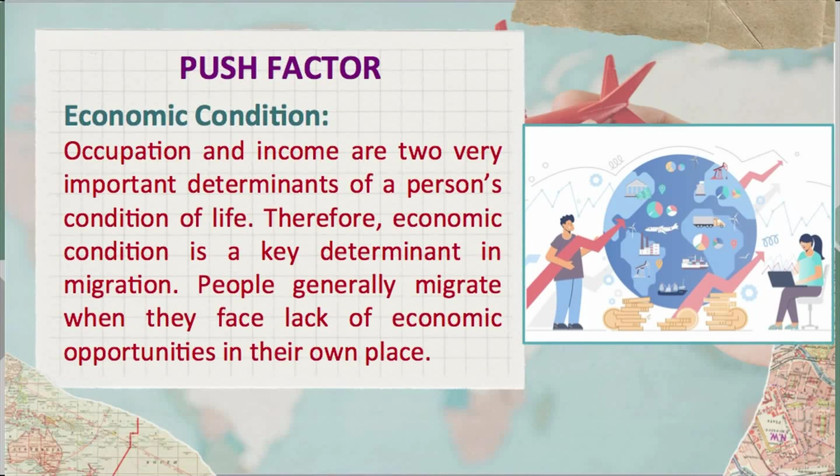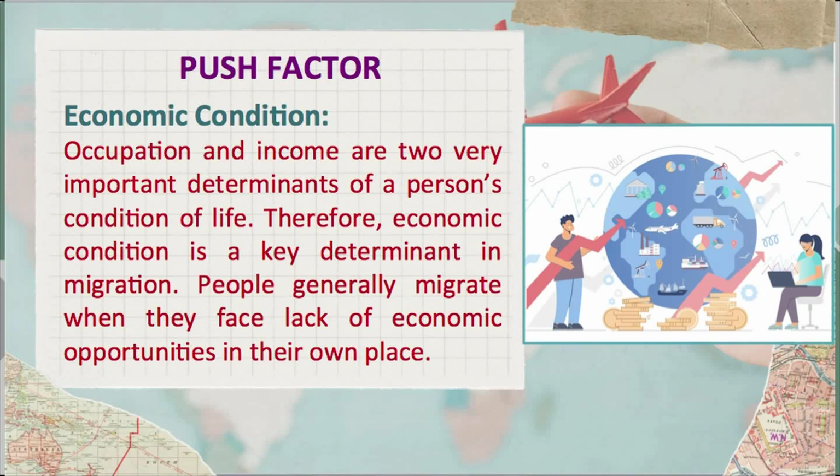First, we will discuss the push factors. The first push factor which compels people to move out of a particular place is the economic condition. We all know that occupation and income are two very important determinants of a person's condition of life. Therefore, economic condition is a key determinant in migration.